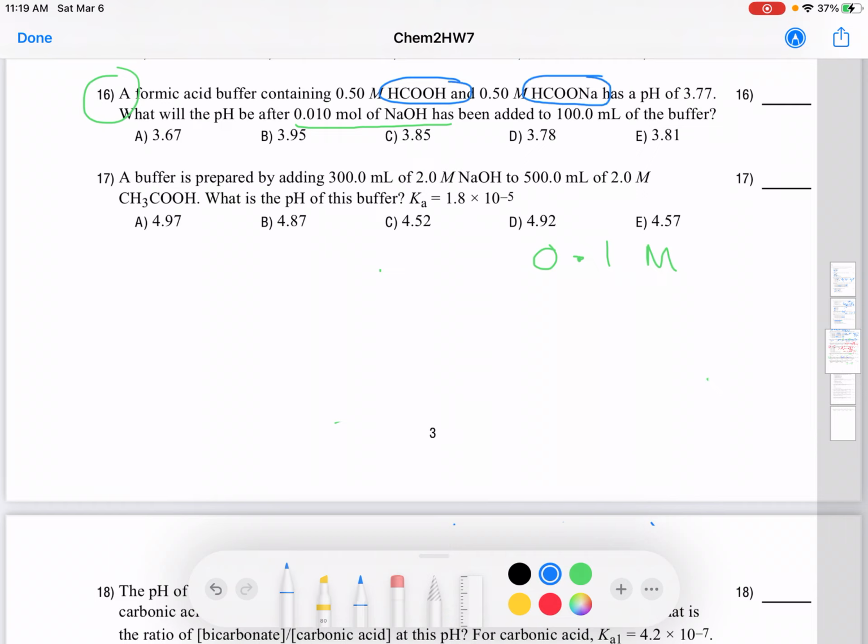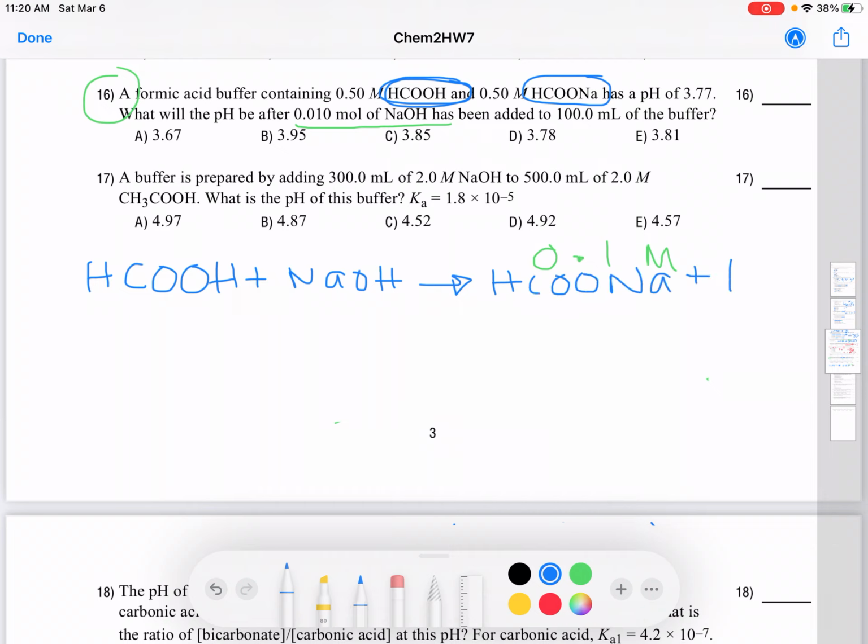It's going to react with the acidic component of the buffer, which is formic acid. So you write that equation: HCOOH plus sodium hydroxide, giving you sodium formate plus water.